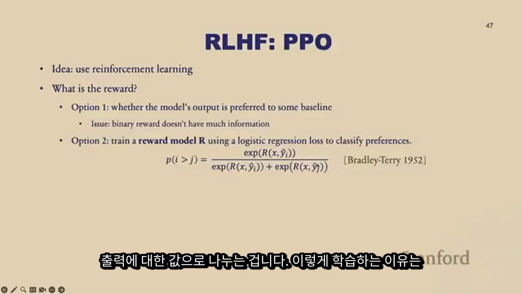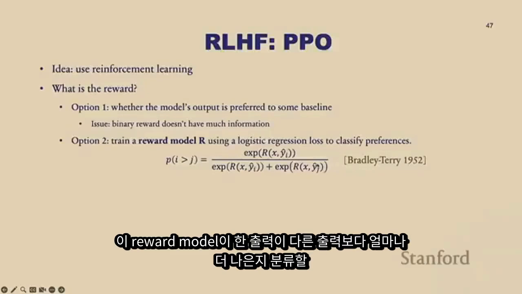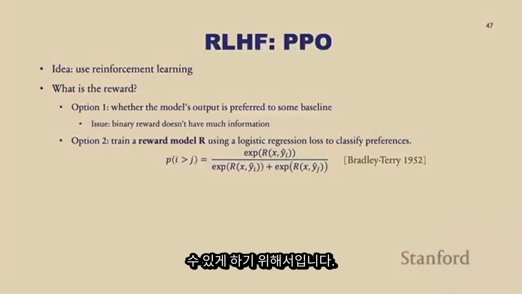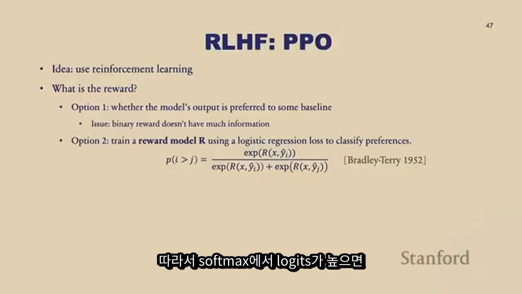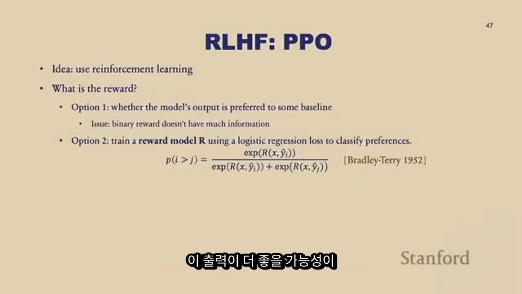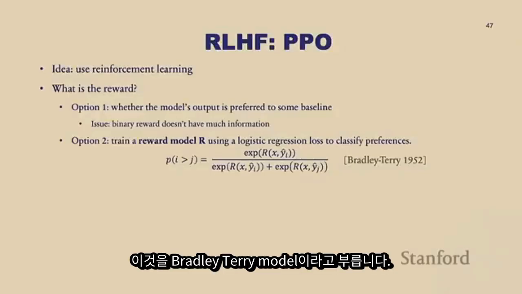The reason you do that is that you train this reward model to be able to classify how much better one output is than another one. Another slightly less convoluted way of saying it is that your reward model will output some reward that will be used as the logits of your softmax. So if you have high logits in your softmax, it means that highly likely this output is better. That's what we call the Bradley-Terry model.